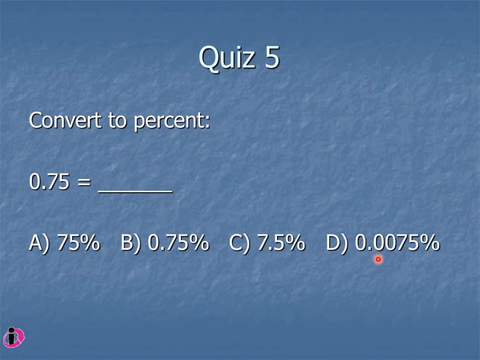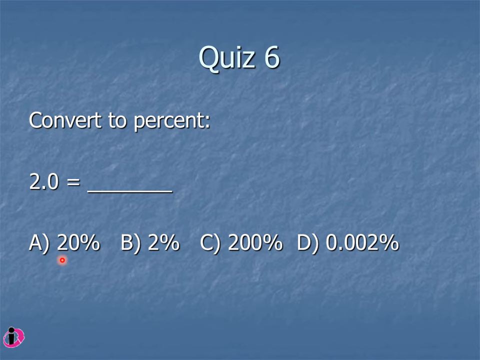0.75. You move the decimal point 2 positions to the right, so your decimal point should be here, right? Which makes it 75. So the right answer is A. How about 2? Just a whole number, right?